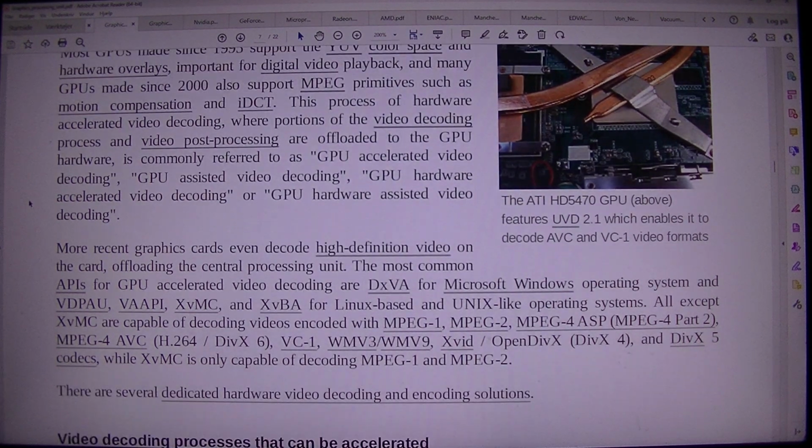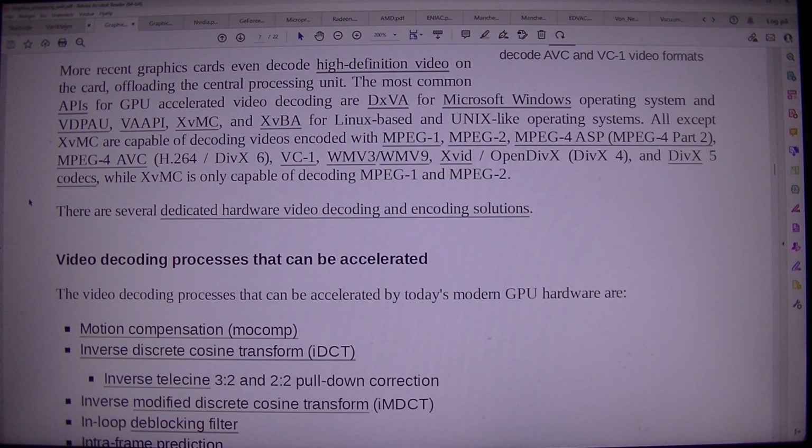More recent graphics cards even decode high-definition video on the card, offloading the central processing unit. The most common APIs for GPU accelerated video decoding are DXVA for Microsoft Windows operating system and VDPAU, VAAPI, XvMC, and XvBA for Linux-based and Unix-like operating systems.